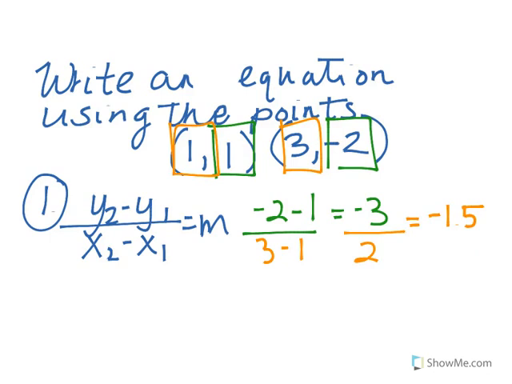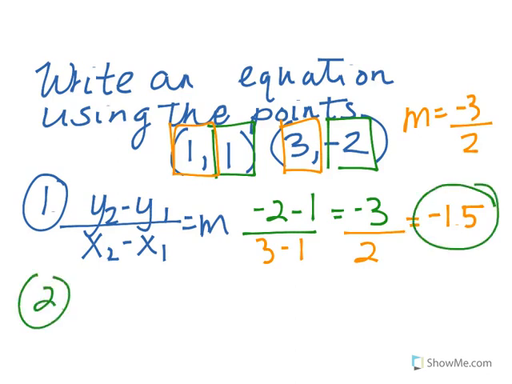The reason that I'm using negative 1.5 is because I'm going to have to plug this in. So before I plug this in, I want to make sure that my slope is written in fraction form. So up here I'm going to write my slope. And then I'm going to use the decimal form to plug into my equation so I can find b.